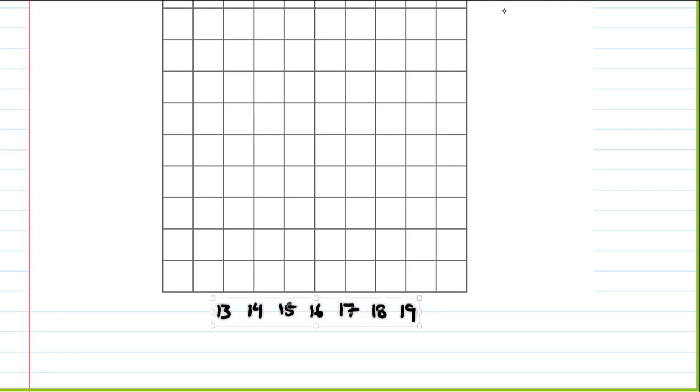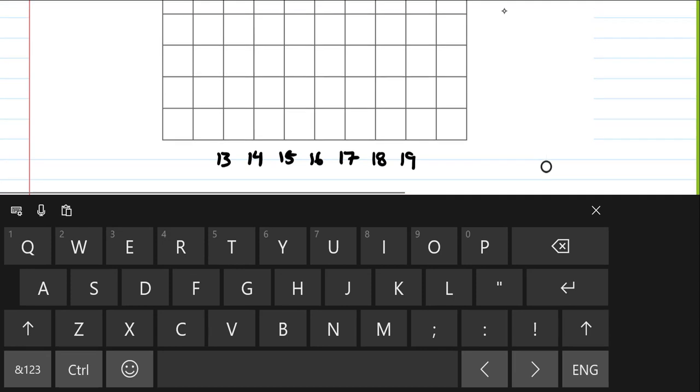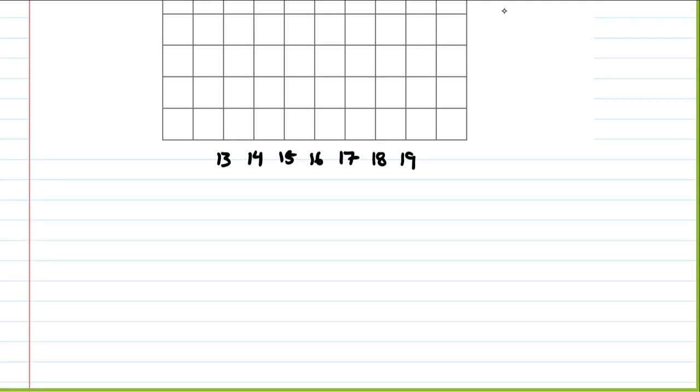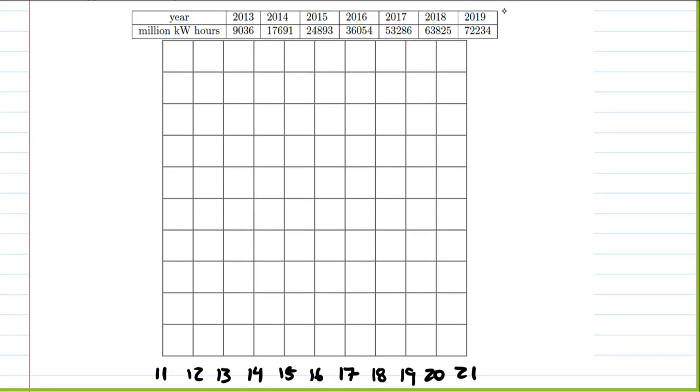There we go. So then if that's the case, this would be 12, 11, 20, and 21. So then on our vertical axis, it appears we start at 9,000 and we end at 72,000. And let's see, we have 1, 2, 3, 4, 5, 6, 7, 8, 9, 10, 11 ticks.